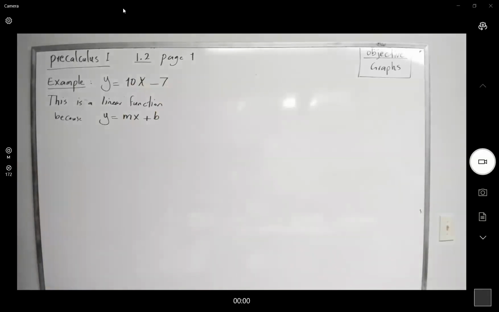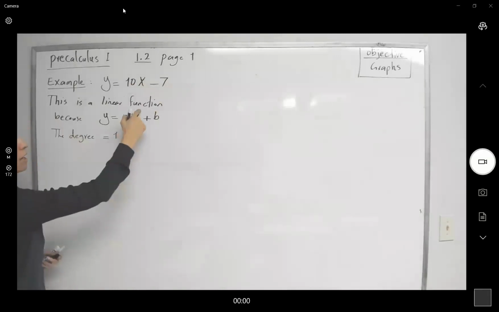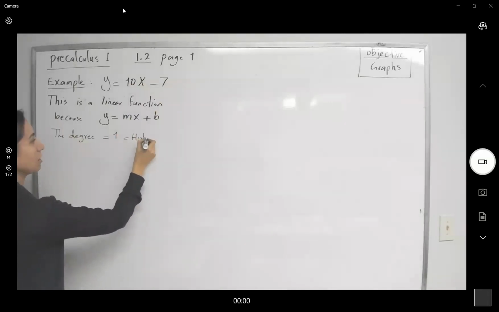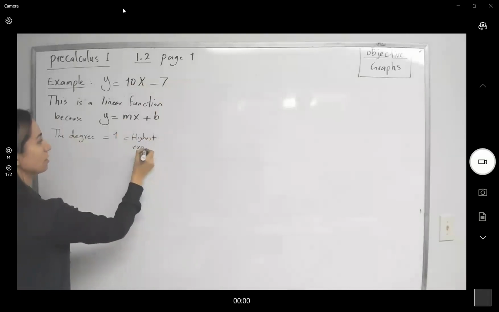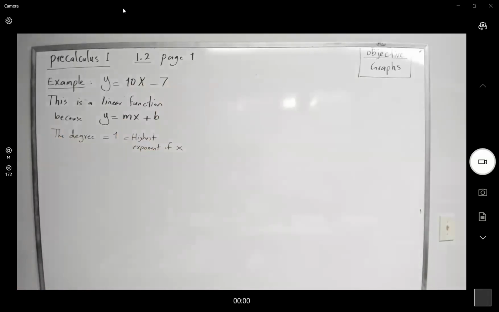So we have a linear function. The degree, we say, is 1. What's the degree? The degree is the highest exponent of x. Very well.